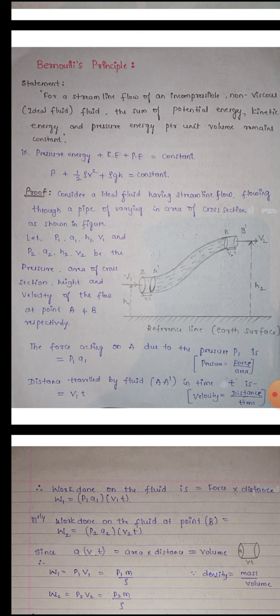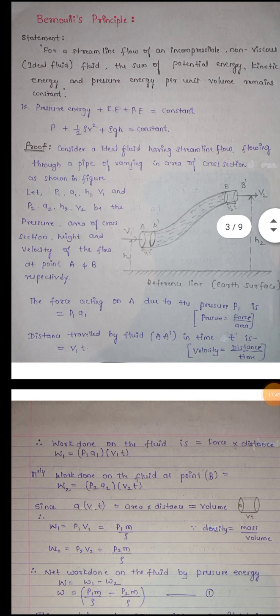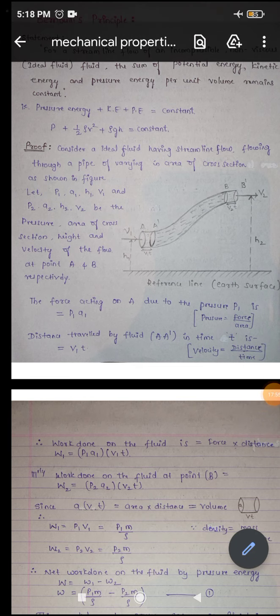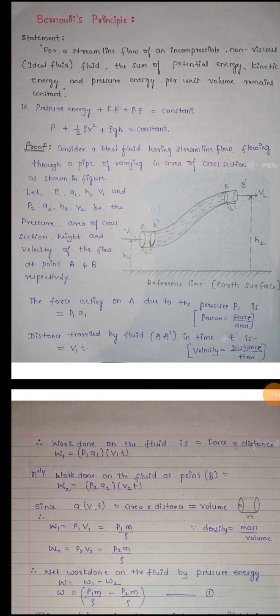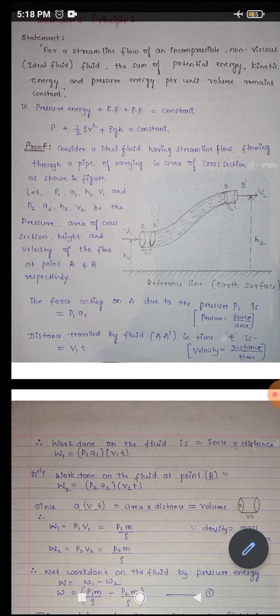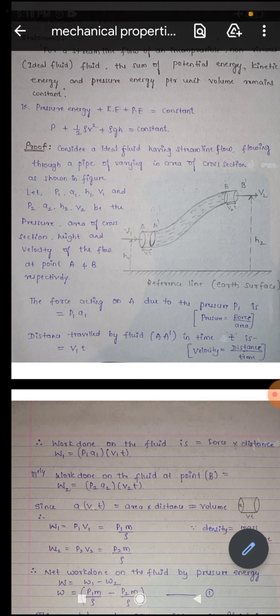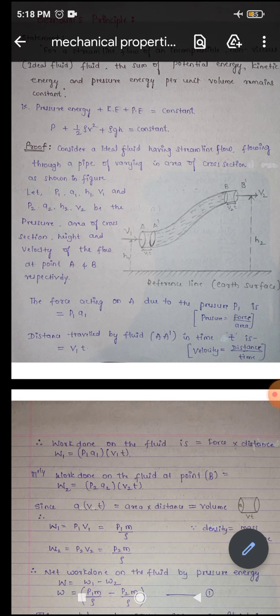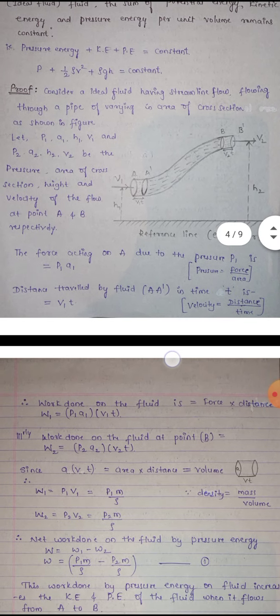We know that pressure is equal to force divided by area, so force is equal to pressure into area, and at the end A the area of cross section is A1. So force is P1 into A1. This is at the end A.